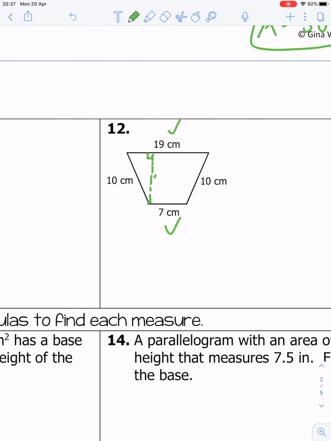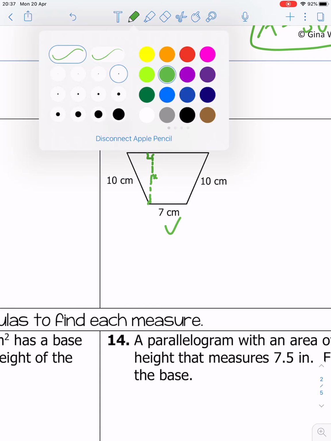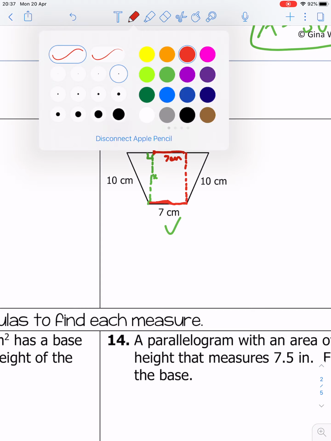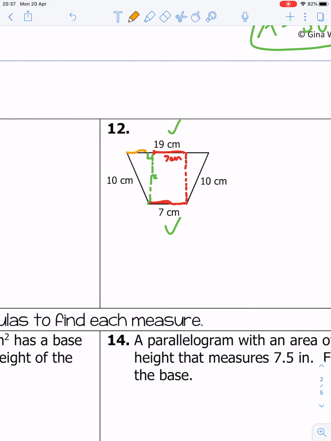So we need to find x here. All right, what we can know, and this is a cool little trick, this and this are going to be the same. So this is going to be 7 centimeters. But we need to find this side right here because we're looking for x.